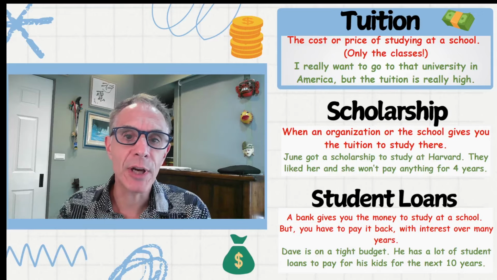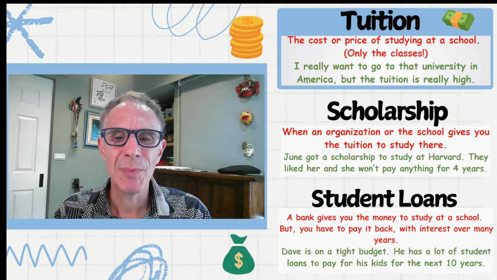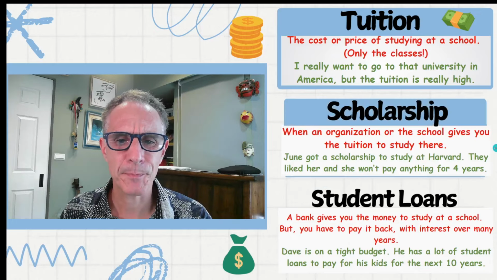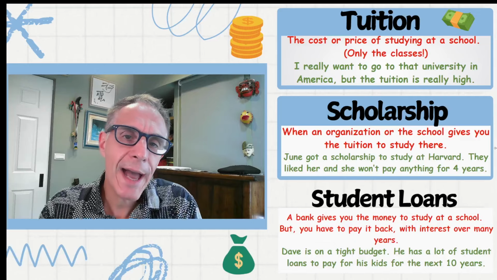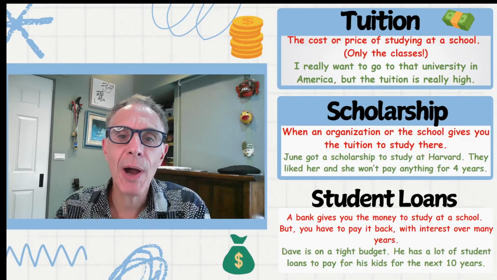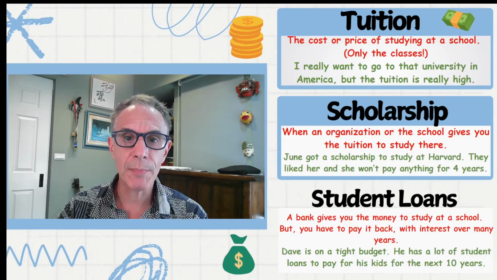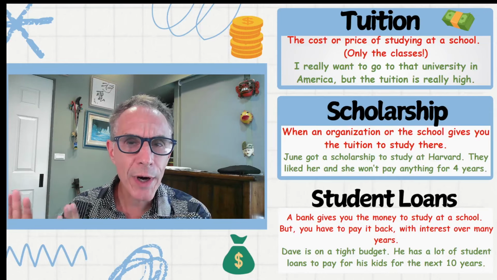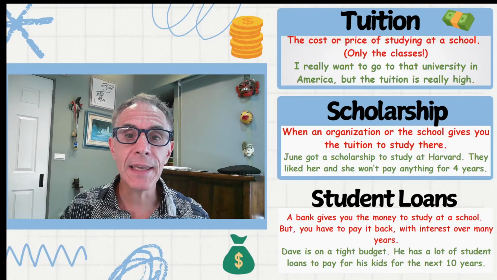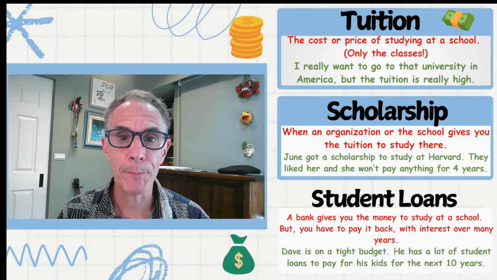And my example here is, I really want to go to that university in America, but the tuition is really high. Now, if you have high tuition, then you can think about getting a scholarship. Now, a scholarship is some organization or even the school itself giving you the tuition money to study at the school.